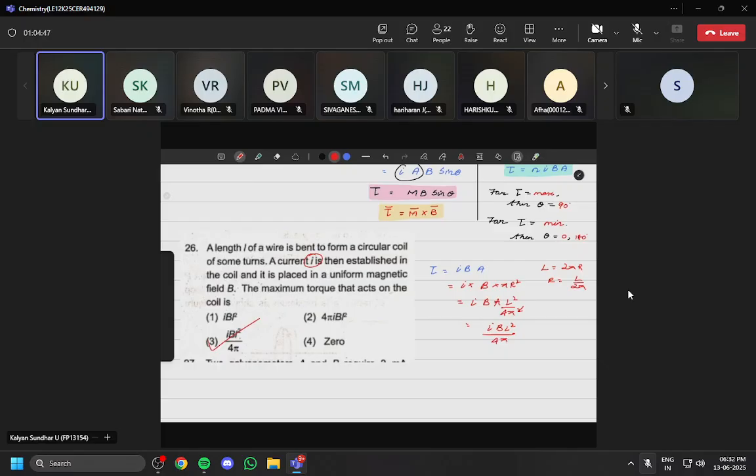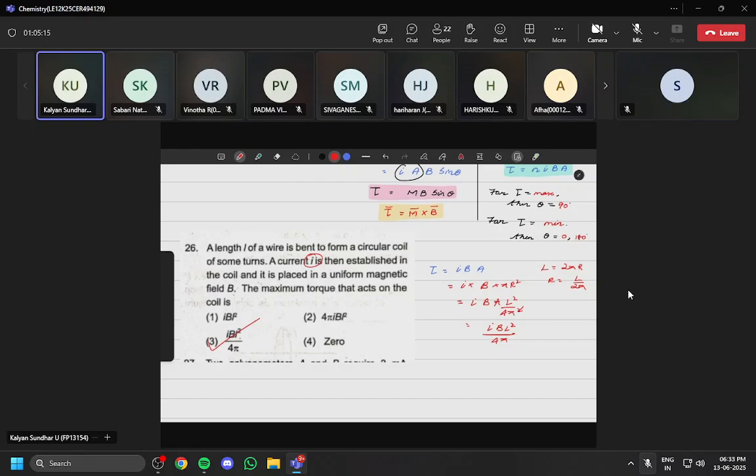Oh, along with the n value. N will be L by the number of turns, that is my value.